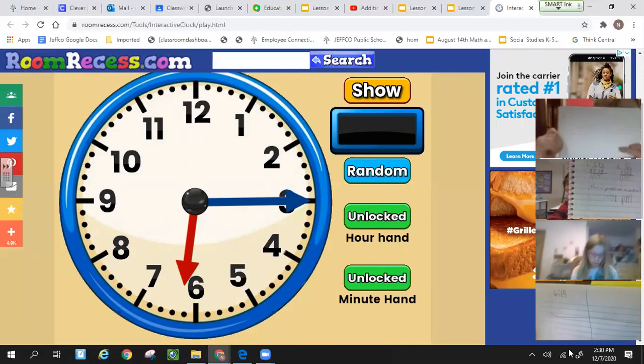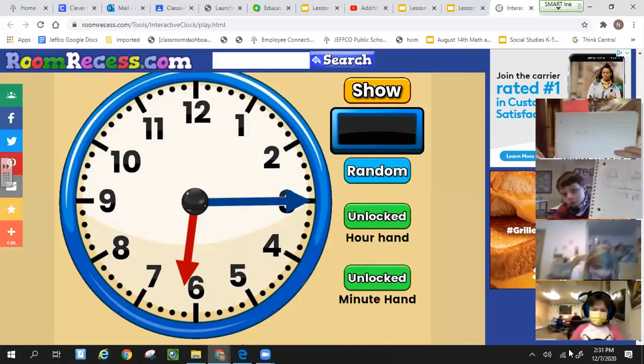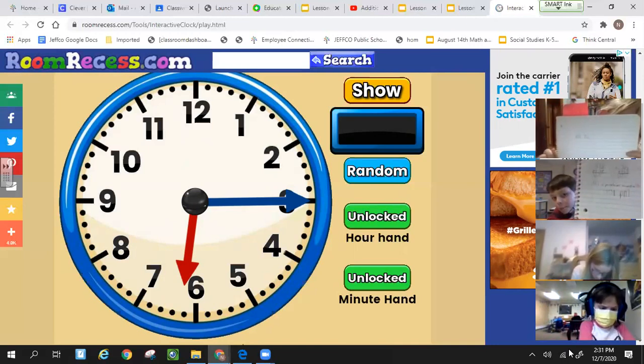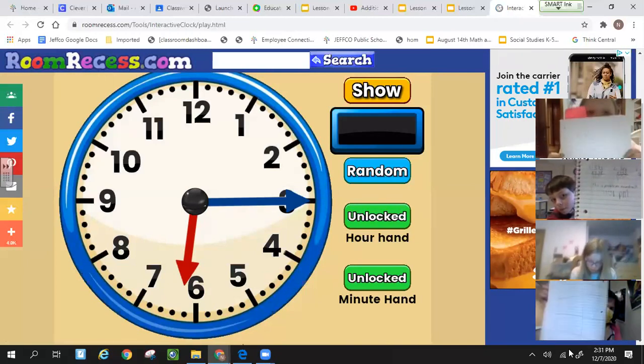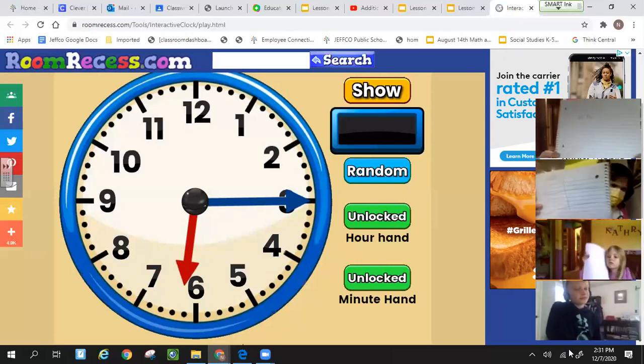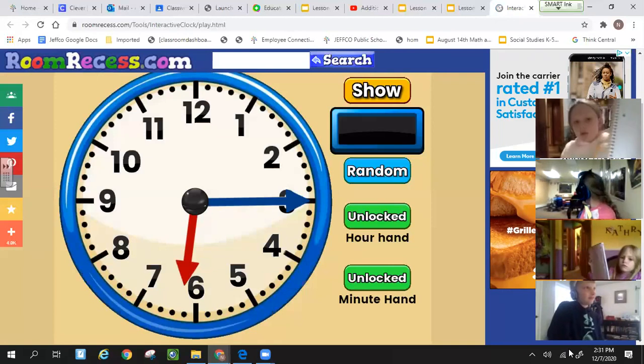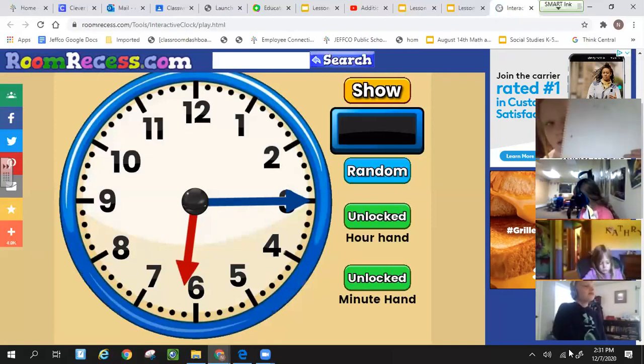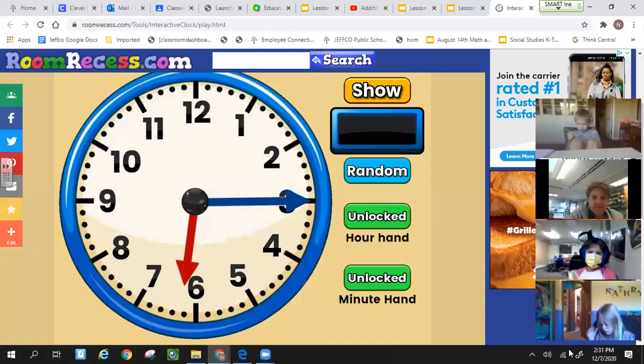Check again. Check your hour hand. See what it's pointing to or near. Remember, always go to the lower number and then start at the 5 and at the 12 and count by 5s. Okay, Josh? So 6. I see you, Katie. All right. If you think it's PM, give me a thumbs up.